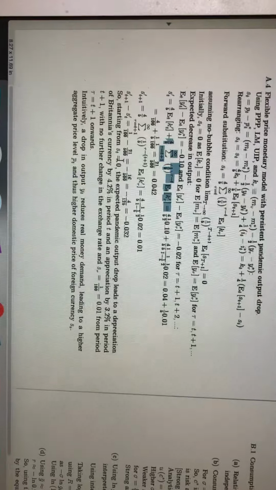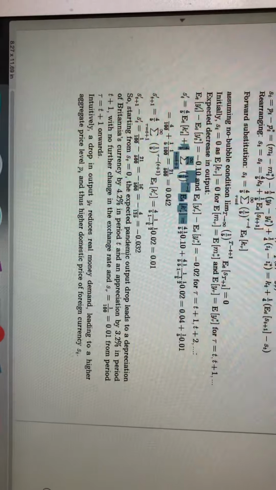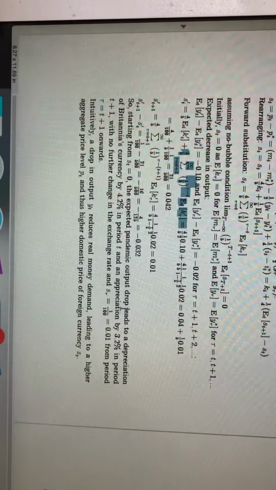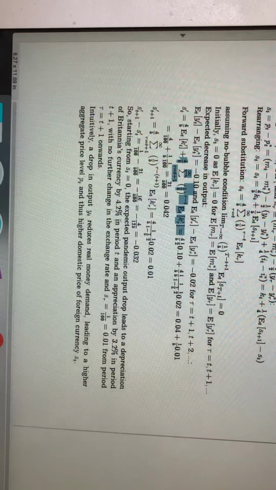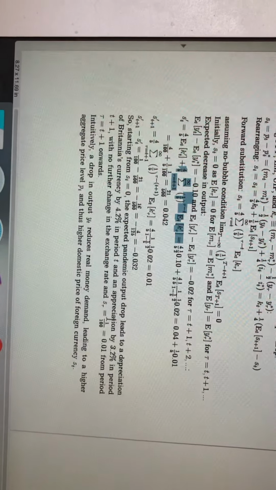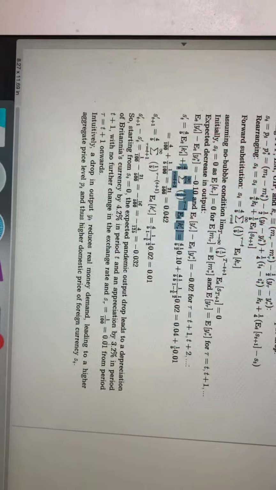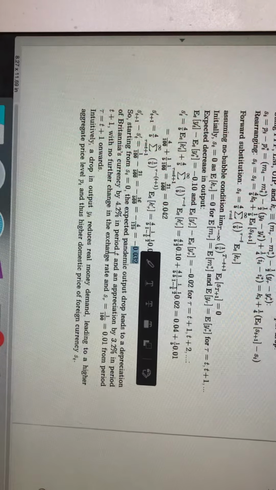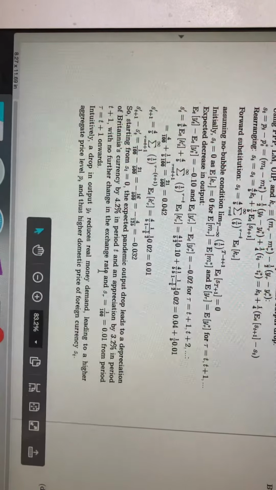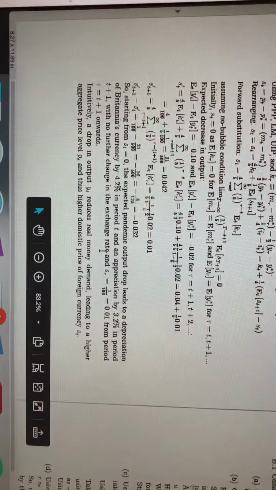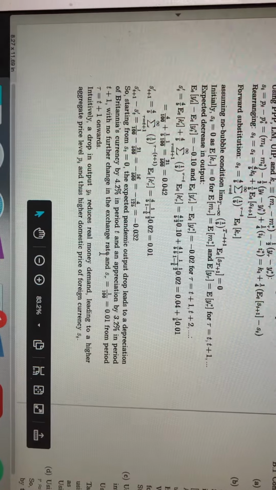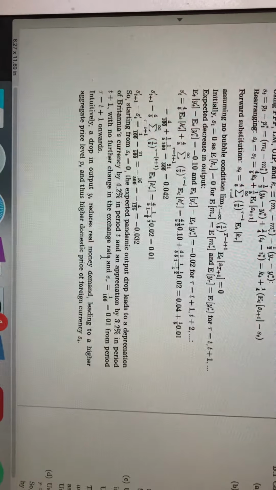So starting from T equals 0, the expected output drop leads to a depreciation by 4.2% in period T and appreciation by 3.2 in period T+1. No further change in exchange rate, and that's that.